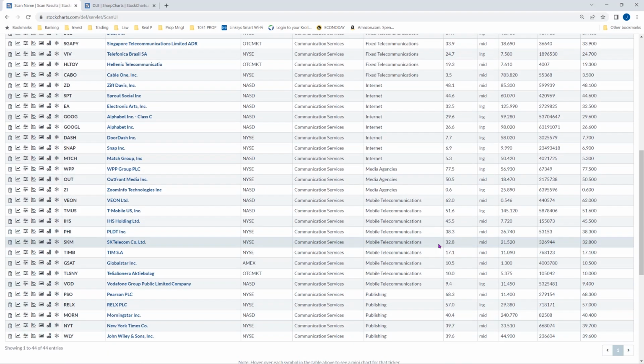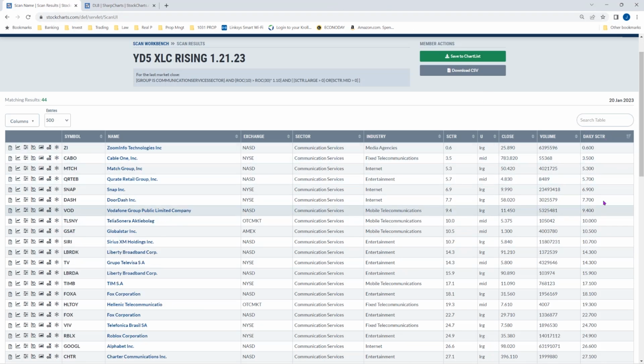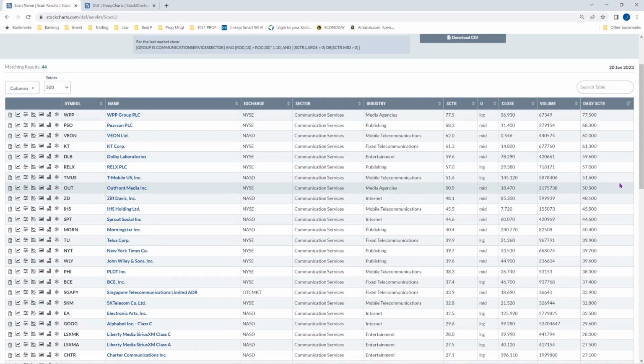So this is a great way to just look at like-type companies in an industry inside of communications. Very powerful tool. And then to go back to the scooter rank, you just click on scooter again, and it'll rank them accordingly, up or down. Very effective, very powerful.